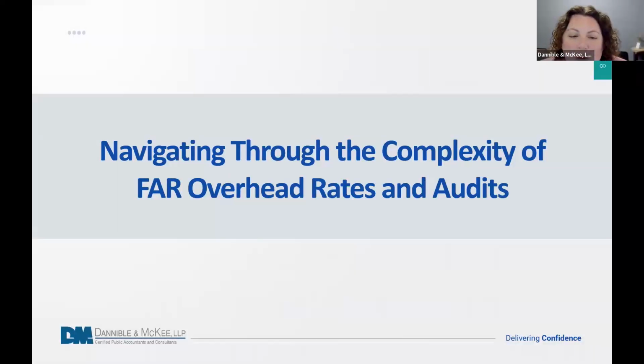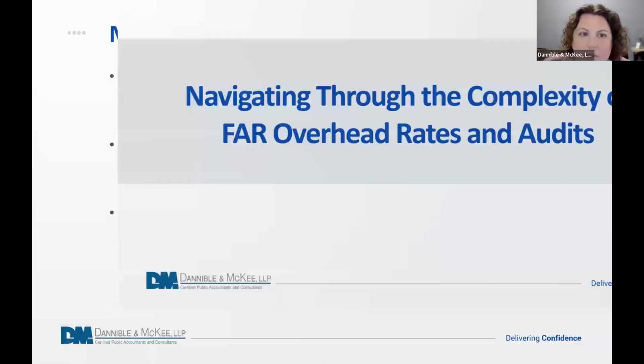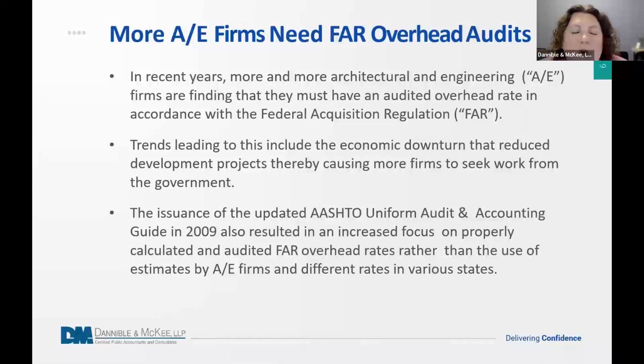So we're going to jump right in, talking about how to navigate through the complexity of what we call FAR overhead rate audits. What we're seeing these days is there's more and more architecture and engineering firms that are in need of these FAR overhead audited rates.